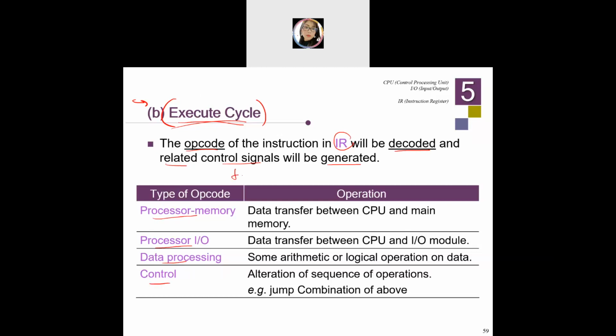Again, for the table, you need to memorize all the operations, definitions or sentences, because we just play around with the sentences and change the place. Normally it will be asked in your multiple choice questions, MCQ part A.